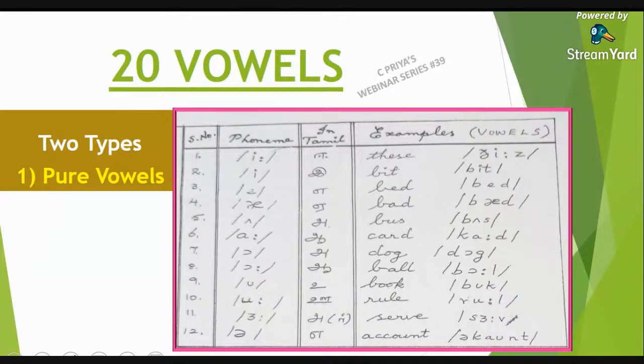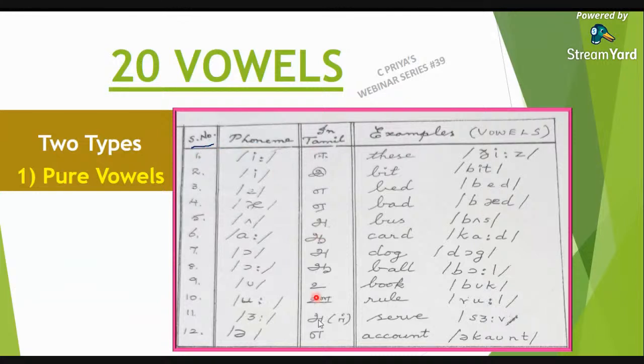We shall see the pure vowel sounds. I introduce the 12 sounds. They are called phonemes. I told you already, phoneme. See here in this tabular column, in this slide we have serial number, phoneme.